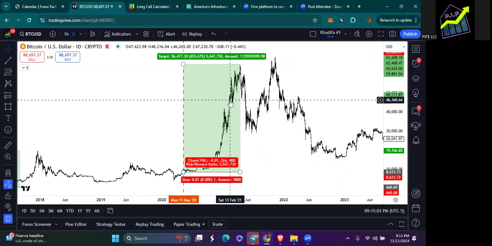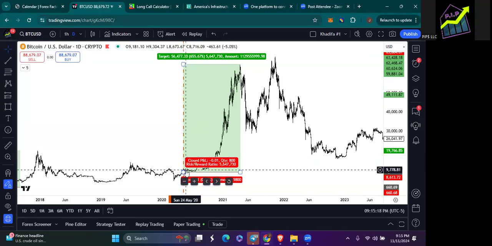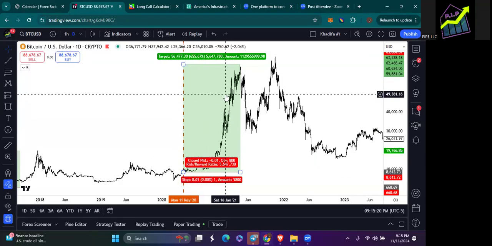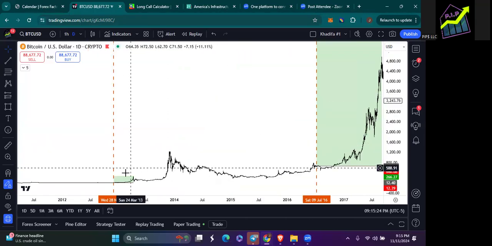So it didn't increase nearly as much as it did in 2012 and 2016. But what you have to understand is, look at what the price was at during the 2020 halving. It was at $9,000.